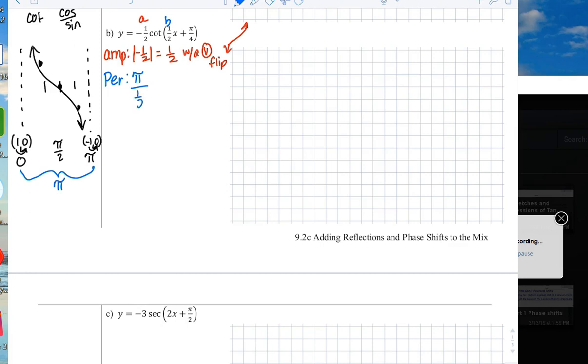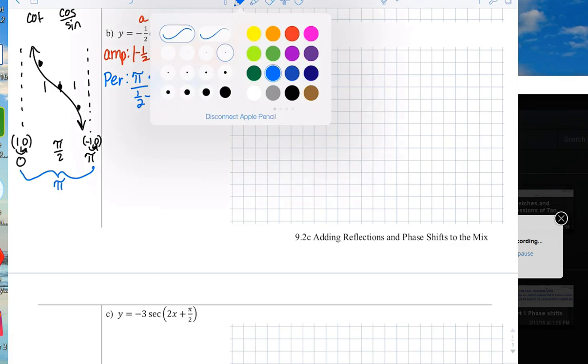In this case, we're doing pi divided by 1/2, which is a complex fraction, so we'll just multiply by the reciprocal of 1/2. So instead of pi divided by 1/2, we'll do pi times 2, and it has a period of 2 pi. So that means my asymptotes will have a distance of 2 pi between them because you have a horizontal stretch times 2.